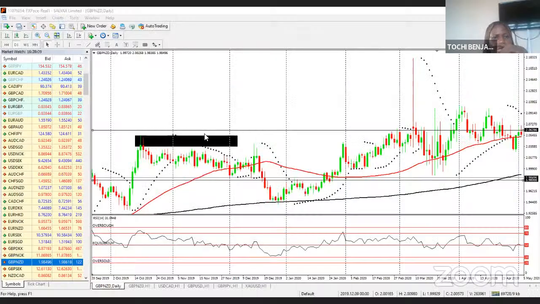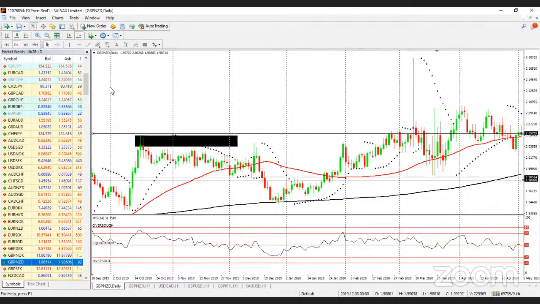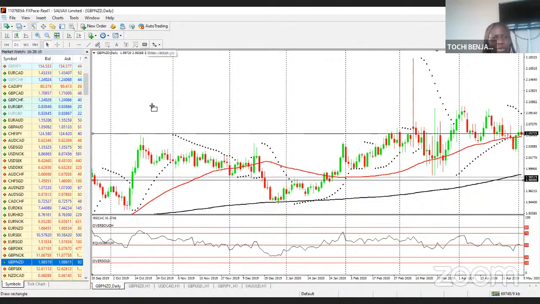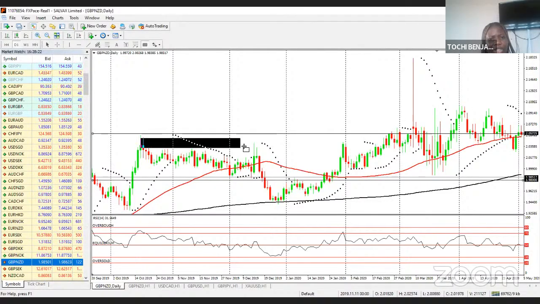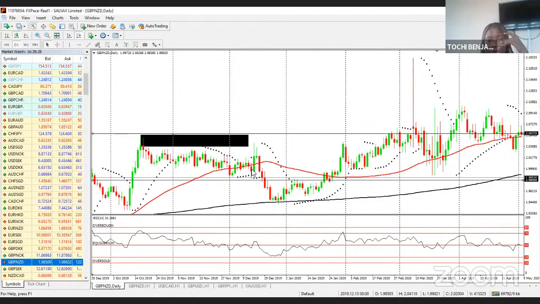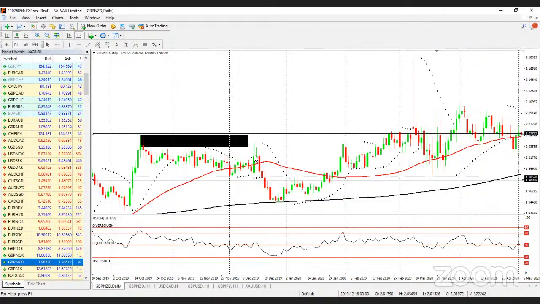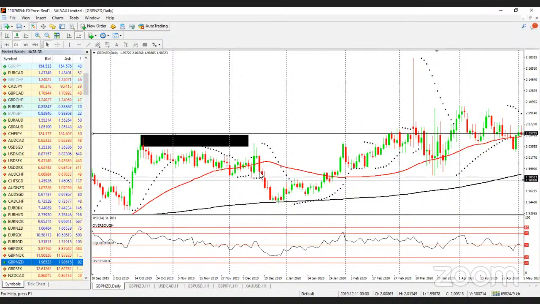Okay, look at this GBPNZD. It's already a range. Price has come back to the resistance and started ranging on this resistance. Now this is an evening star, right? This is the bullish candle, this is the inside candle, a doji, then a bearish candle. So these three candles make an evening star.